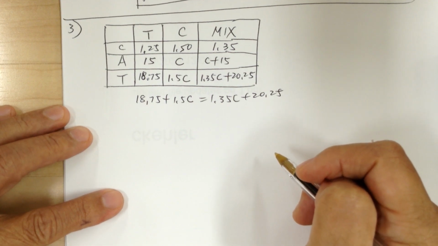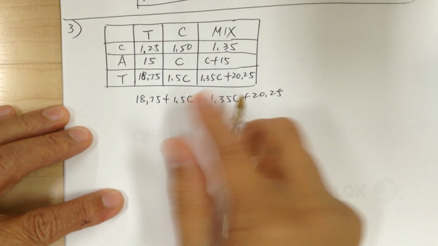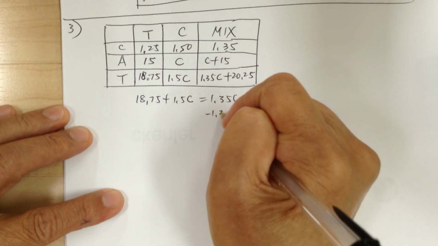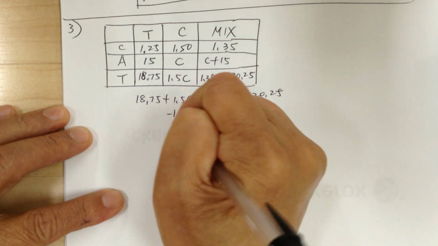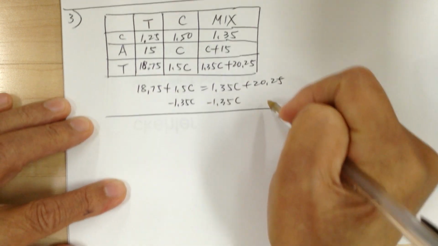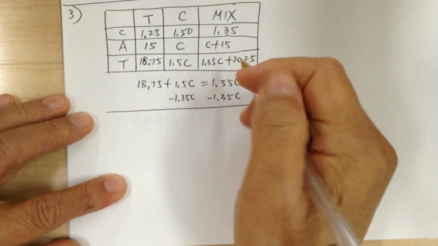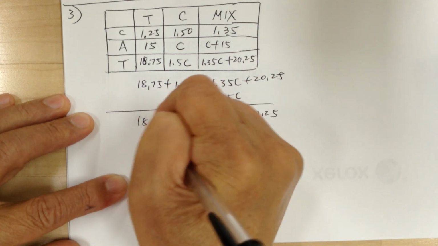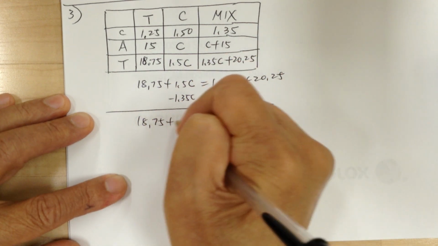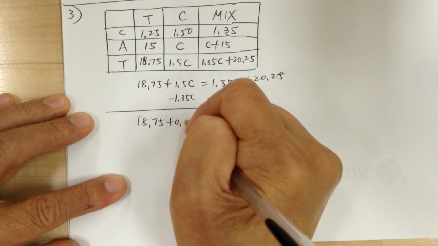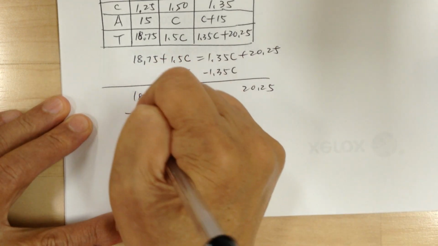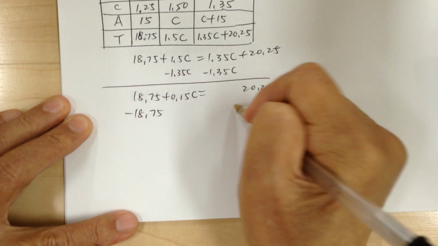Okay, so let's go and move this over first, because this is a lower number, so let's move it over. So minus 1.35C. So this will cancel out. And so this will become plus 0.15C. Then that's minus 18.75 on both sides.